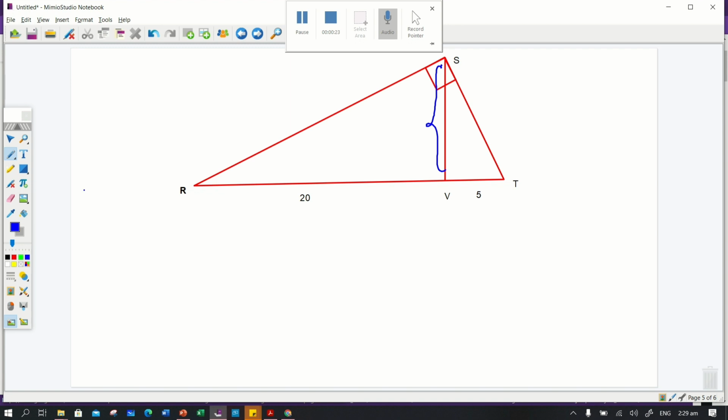To solve for segment SV, first we're going to get the side RV. So RV all over this altitude SV is equal to SV all over the side VT. Okay? So that's how you solve for this altitude.